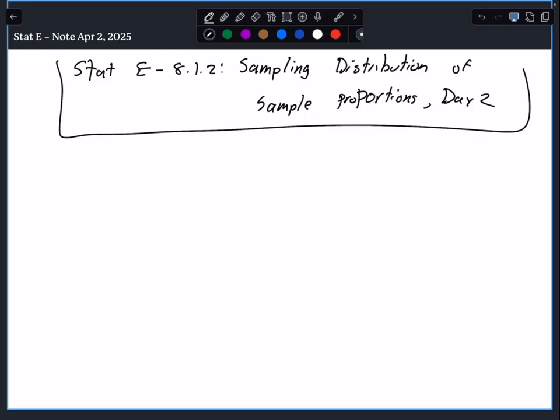The good news is that once we leave this unit and go to unit 9, you're not going to need to use normal CDF anymore, because the calculator has normal CDF built in. All you will need to do is let the calculator know what the information is, and behind the scenes, your calculator does normal CDF.